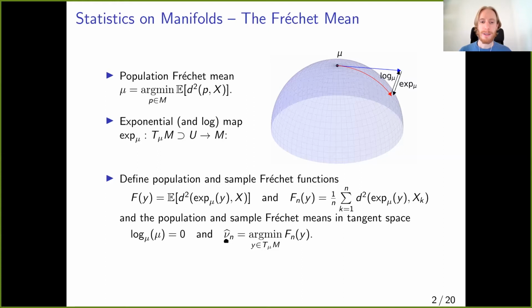And we would call the sample Fréchet means mu hat n. When we use nu, that will always mean that we look at the point in tangent space. And if we use mu, this means just the point on the manifold mapped by the exponential map, okay? In this way, we distinguish whether we are looking at this point in terms of a point in tangent space at the population mean or as a point on the manifold.